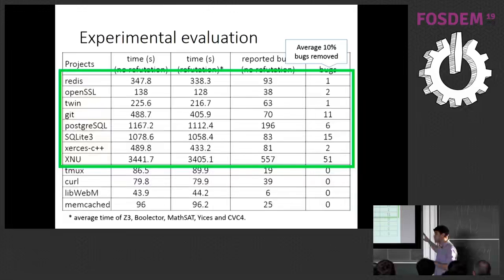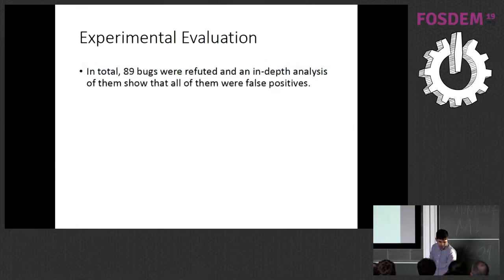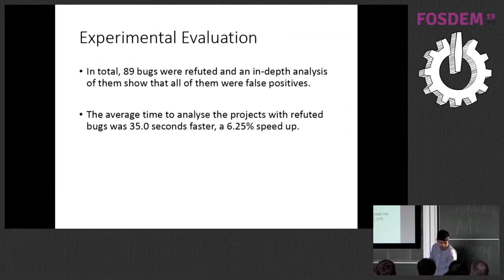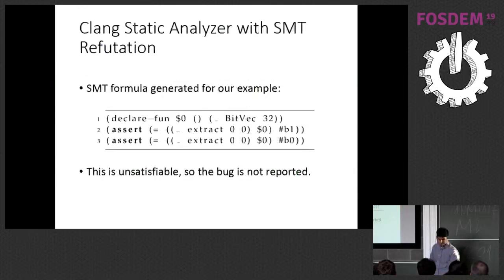So this removes one part of the problem. There is another approach to remove the false positives left, which is still under development. The idea is that when we generate the formula, it will generate a counterexample: every assignment to the inputs of the functions that will trigger this bug.